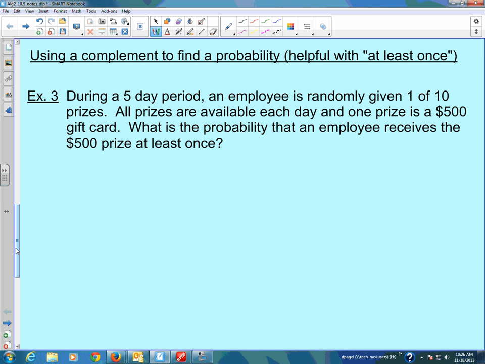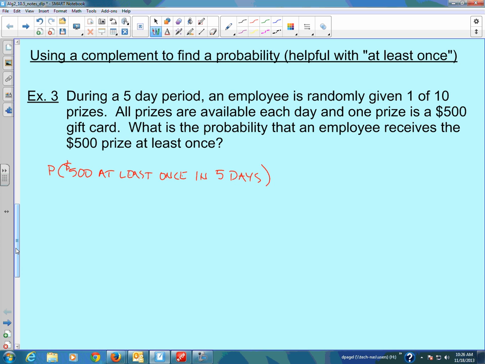All right, so we're offering all 10 prizes 5 times in a row. So what we're looking for is a probability of $500 at least one time in 5 days.